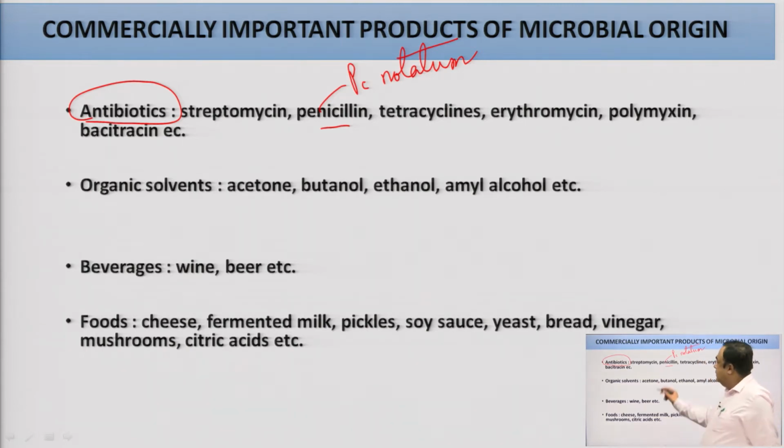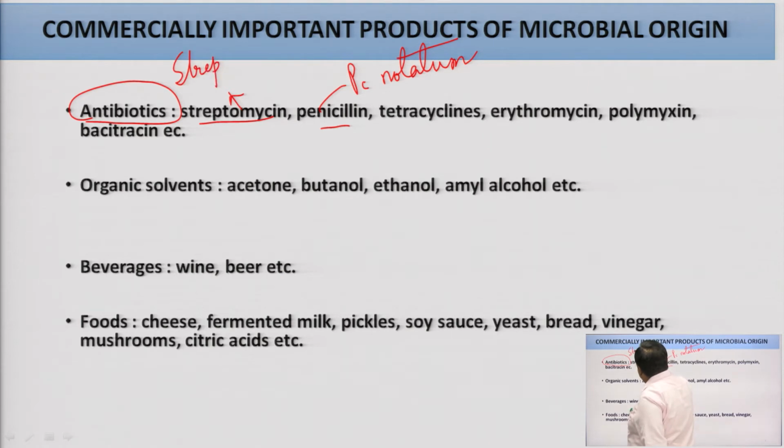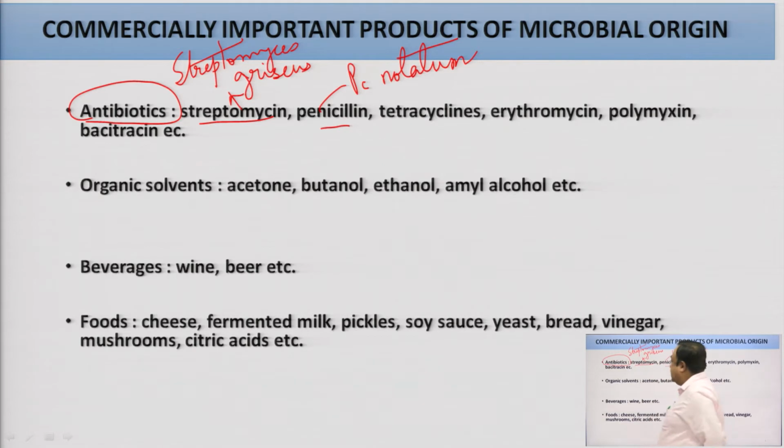Next, we add streptomycin in our pipeline, obtained from Streptomyces griseus. Then we have tetracycline, erythromycin, polymyxin, and bacitracin. So, a wide range of antibiotics are produced with the help of microorganisms by fermentation.